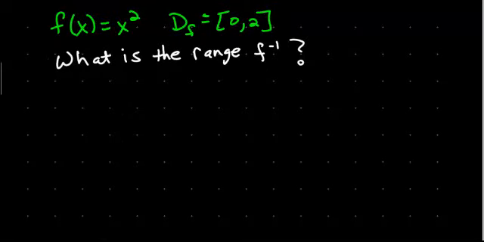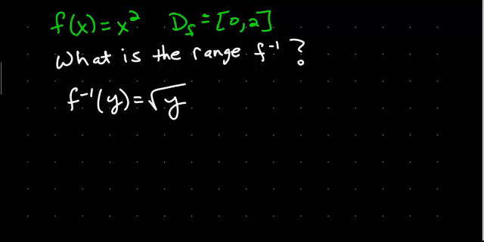And so the range of f inverse, again, f inverse of y equals the square root of y, and we're looking for the range. Note that the inverse sends the outputs back home. That is, f of 2 equals 4, and so f inverse of 4 equals 2.